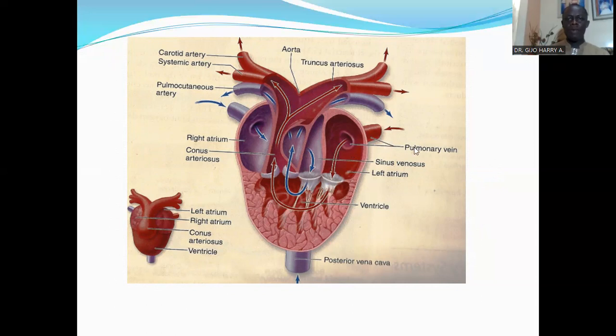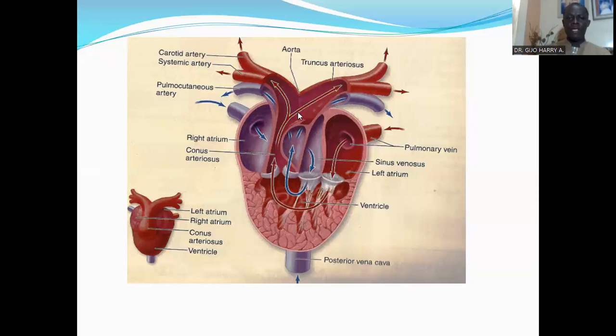Oxygenated blood is pumped from the pulmonary vein to the left atrium, and then through the ventricle to the right atrium, and then to the body through the aorta. When the oxygen is used up, the blood returns to the heart through the posterior vena cava, and then it's pumped to the lungs through the pulmonary artery to receive oxygen.